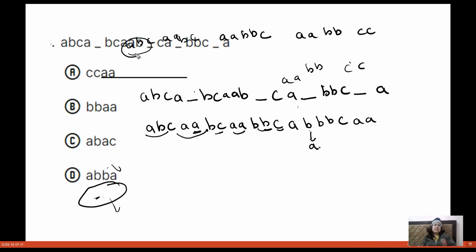First is ABC, then A became double, then both A and B became double, and then A, B and C, everybody became double.